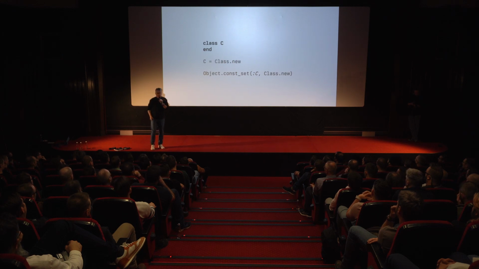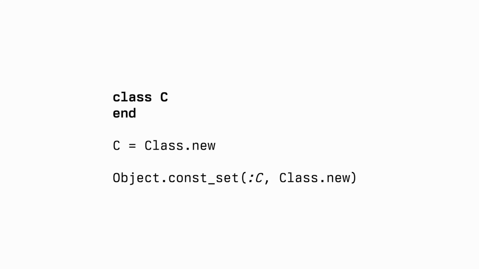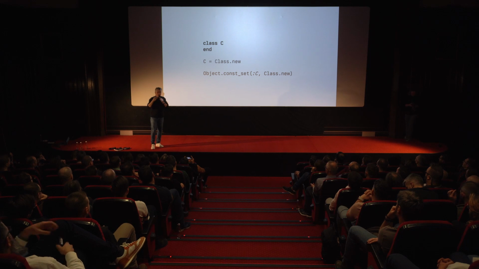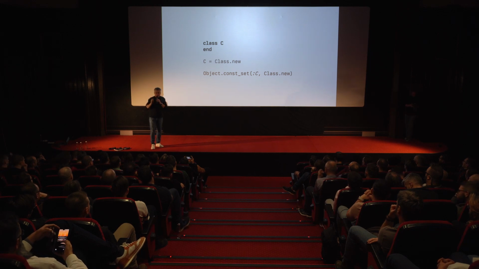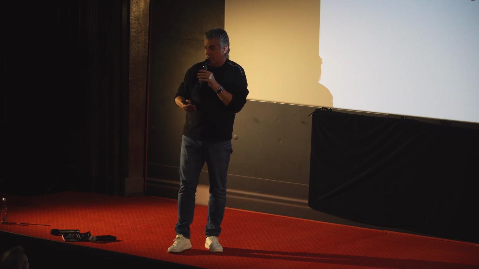Now, I want us to see the same thing using the API. Okay? So we have class C there, and there's a class object stored in the C constant, which is what we saw in the previous slide. And now we are going to see a third way to do the same thing, which is instead of doing a constant assignment with this syntax, we are going to do a constant assignment using the API, which is the third chunk.